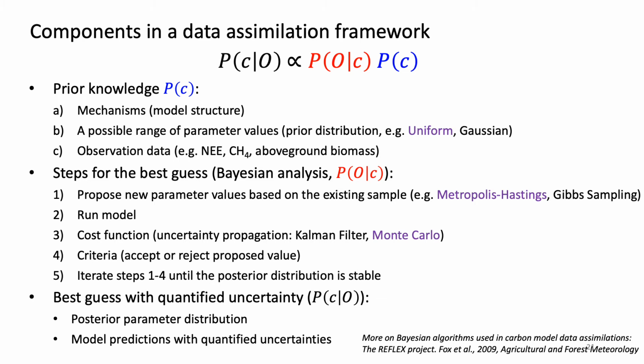If the mismatch is larger than the last run, there is a big chance that the proposed parameter values will be rejected. While if the mismatch is smaller than the last round, the proposed parameter set will be accepted and recorded. The ultimate goal of data assimilation is to find a global minimum mismatch between the modeled and measured value.